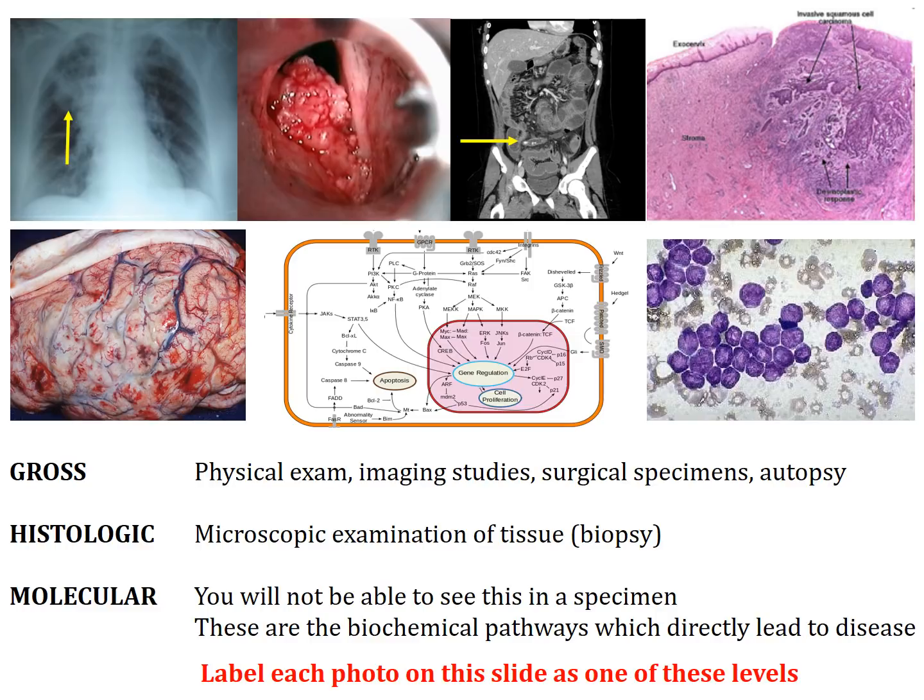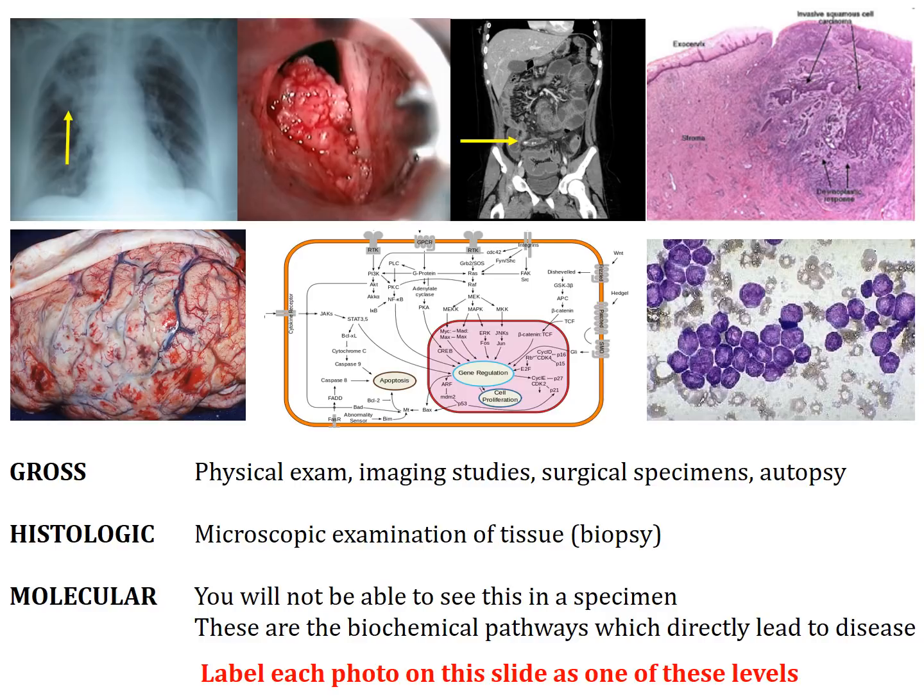All right, I mentioned this already. We're going to be looking at gross histologic and molecular anatomy and pathophysiology. Again, remember, gross is something that we see by the naked eye. We can see that by physical exam. We can see that in imaging studies. We can look at a surgical specimen. We can look at an autopsy and look at that pathology.